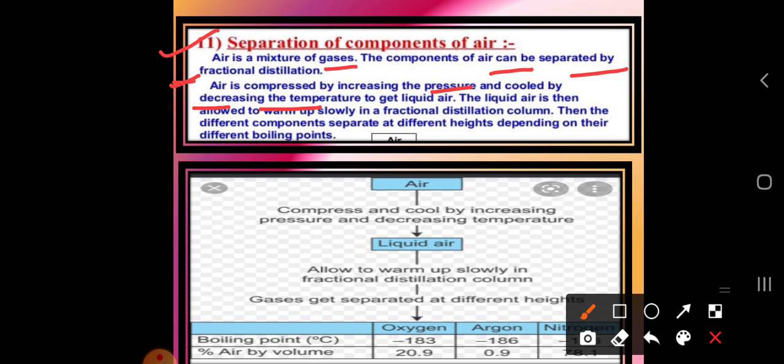Just keep in mind, when you separate the components of air, first you compress it by increasing the pressure and cool it by decreasing the temperature to get liquid air. The liquid air is then allowed to warm up slowly in a fractional distillation column, and the different components separate at different heights depending on their boiling points.